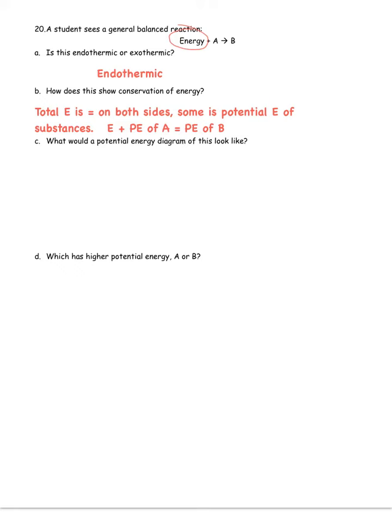Okay, so when we're drawing a potential energy diagram for something like this, we have to remember we're always graphing potential energy, and this is often either time or reaction progress. And for an endothermic reaction, we're going to start with reactants lower than where they end up as products. That's because we put energy in to make that reaction occur.